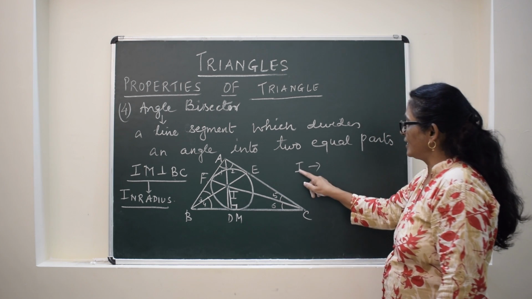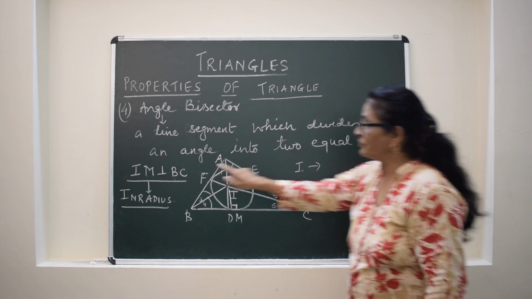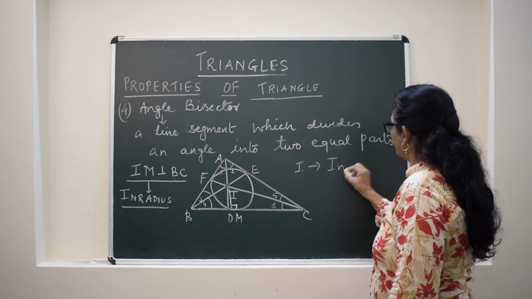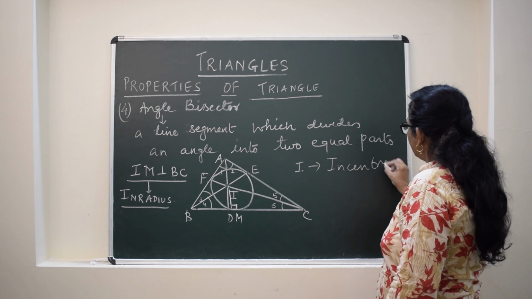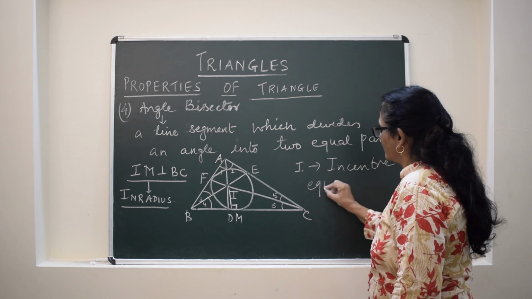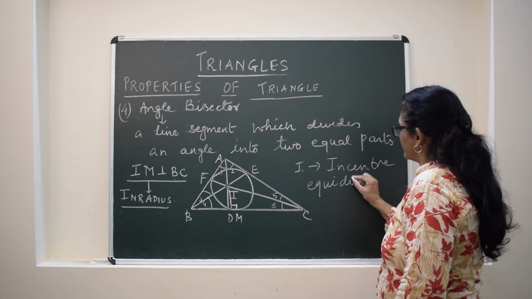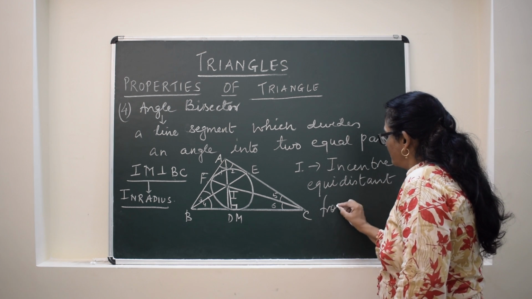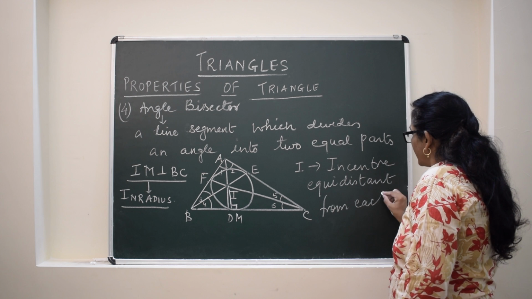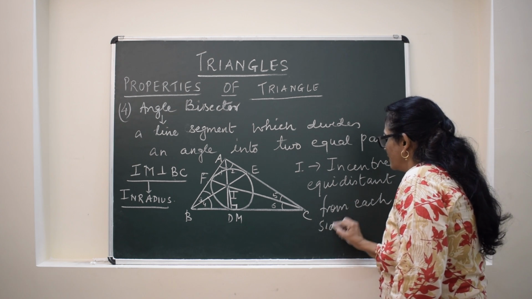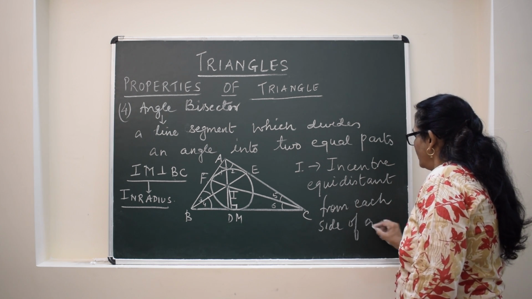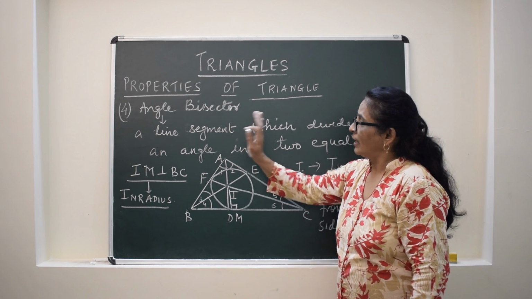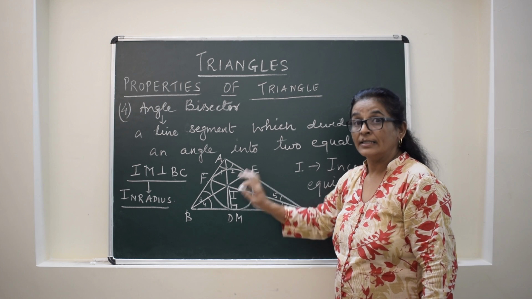So we can say this I, which is the incenter, and you can write: incenter will be equidistant from each side of a triangle. So this is about angle bisectors and incenter.